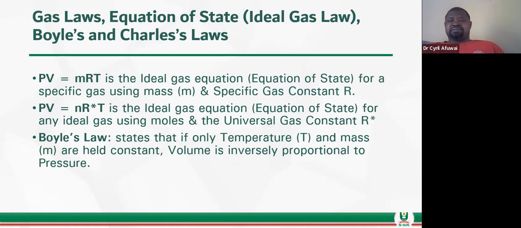The ideal gas equation is given by PV equals mRT. That is the equation of state for a specific gas using mass m, small m, and specific gas constant R. So whenever you see PV equals mRT, m stands for mass, and you should know that it is the ideal gas equation.